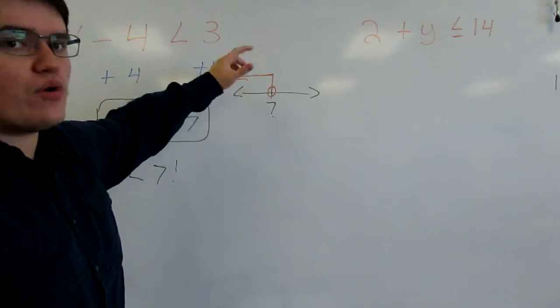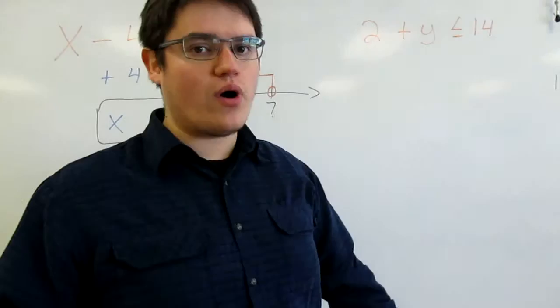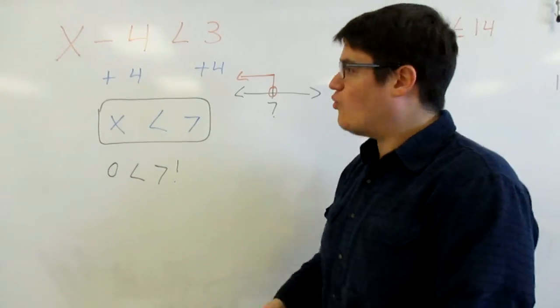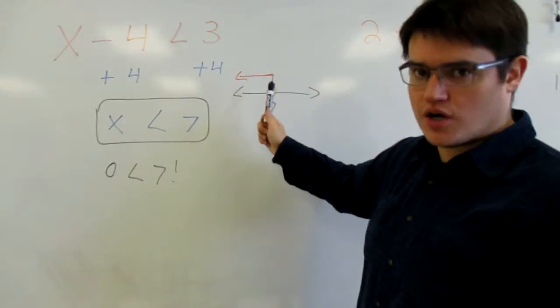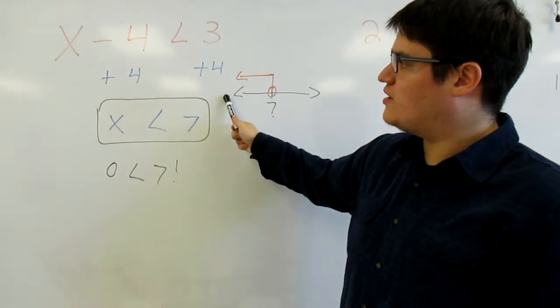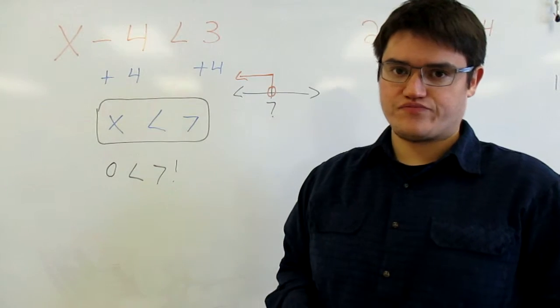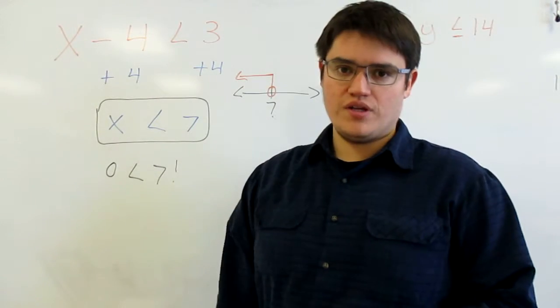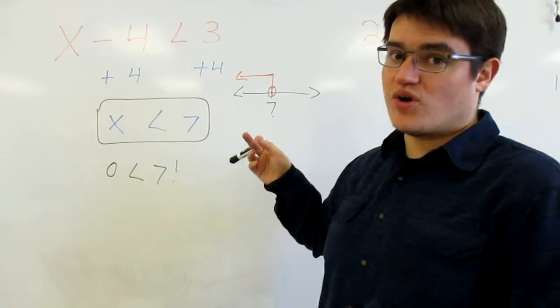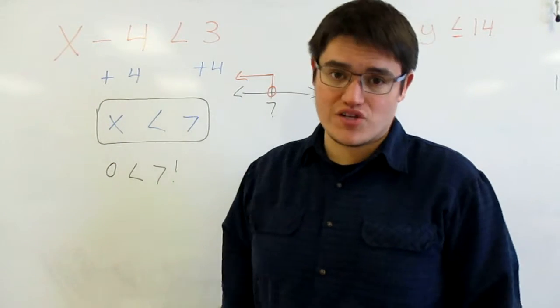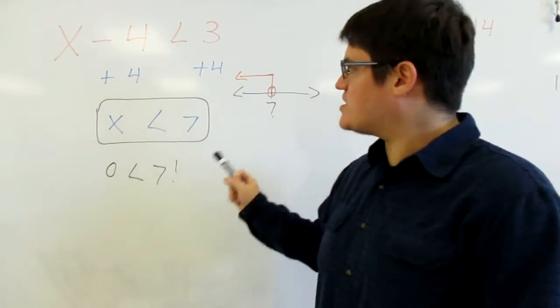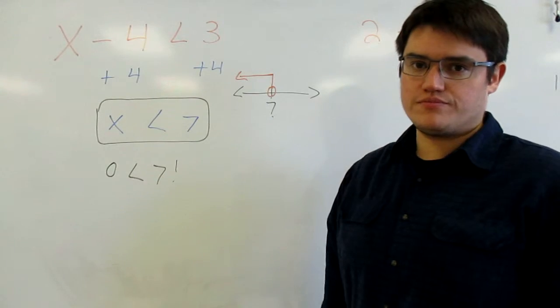Before, when you had an equation, usually you had one answer. Well, now we're saying that if you take any number that's less than 7, this inequality will be true. Any number at all. So we go from having just one solution to an infinite amount of solutions.